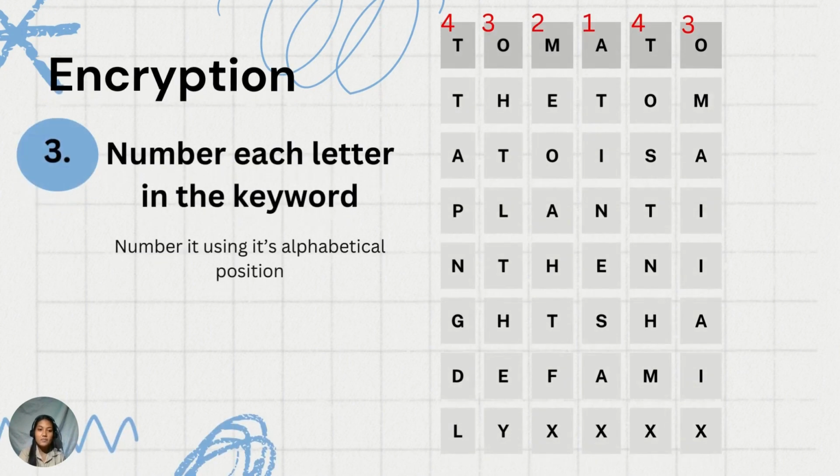And then number each letter in the keyword. Note that you number it using its alphabetical position, just like in the presentation, A being 1, and then M being 2, then O, then T, because M comes earlier than O and T.